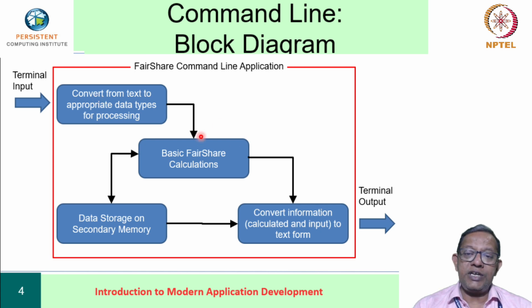We had also seen the processing that would be required. The basic calculations, the idea has been fairly simple. In fact, we have also illustrated it using a spreadsheet. You could also try it out just using pencil and paper.